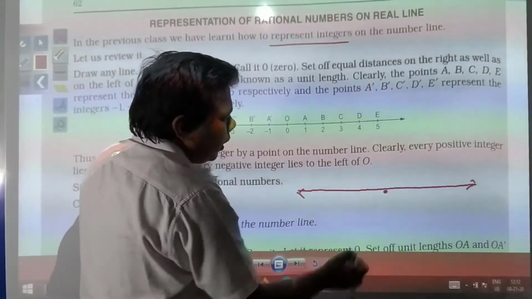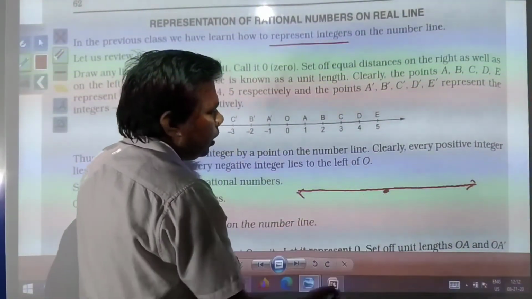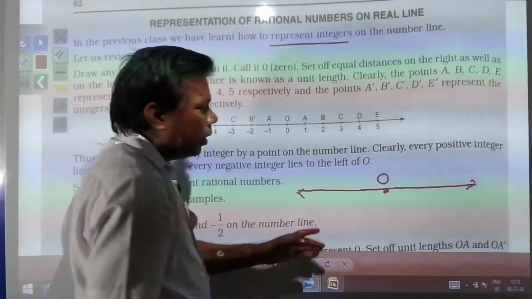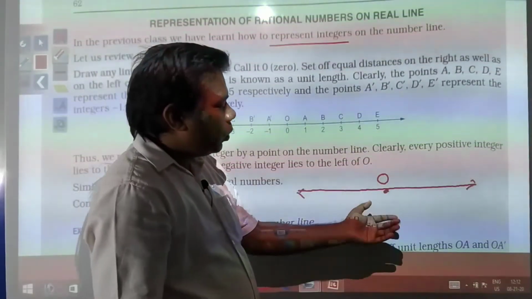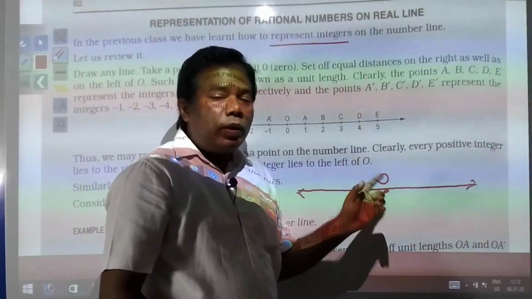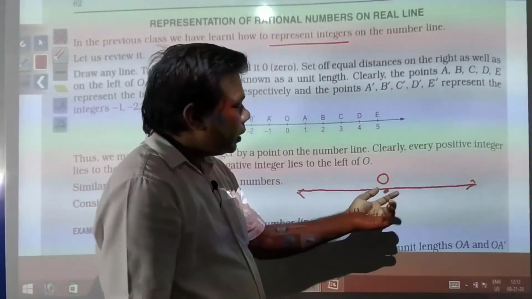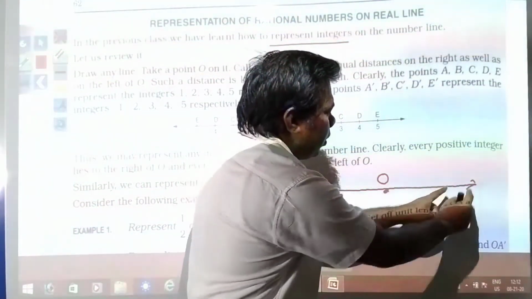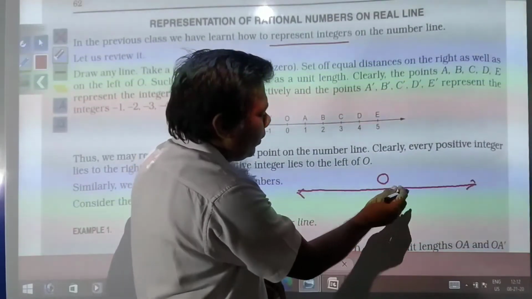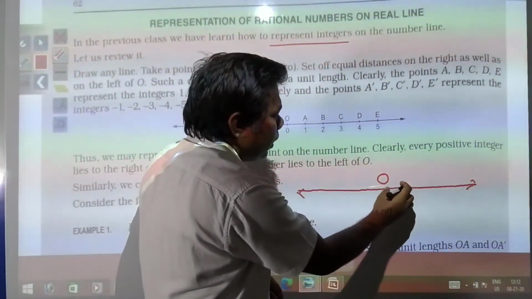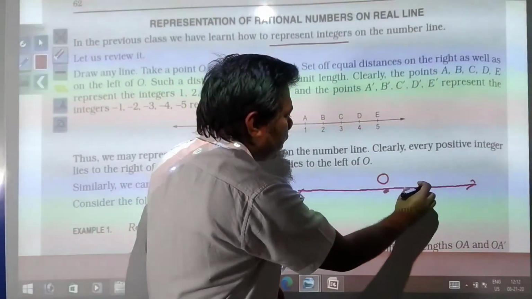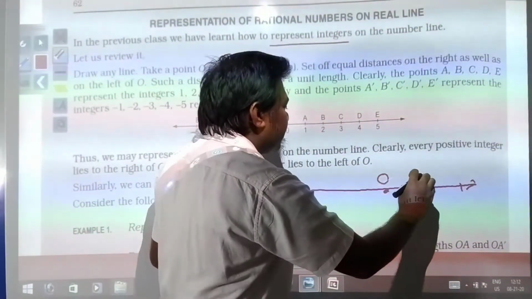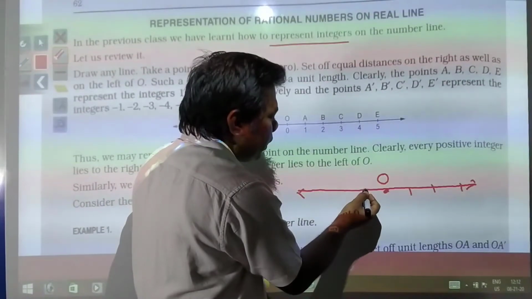A point is fixed somewhere, and we name it O. Now with the help of your compass, equal distances are taken on both sides. Suppose you take one unit distance like this, and like this, and like this, and in the same way this side also is made.